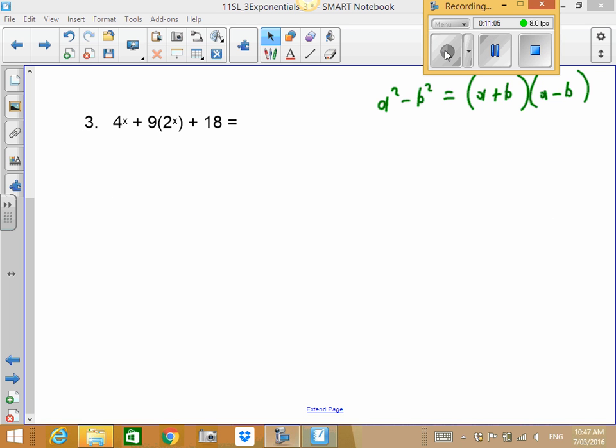With example 3, once again we need to try to write that first term with the smallest possible base. So 4 to the x is the same as 2 to the power of x all squared.